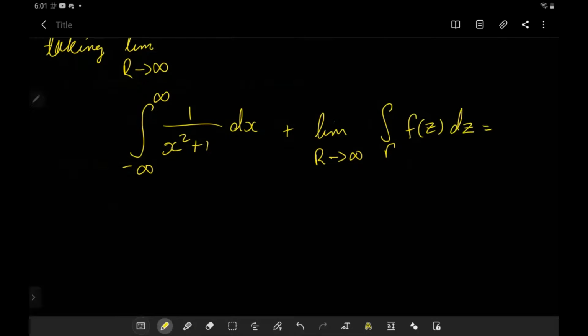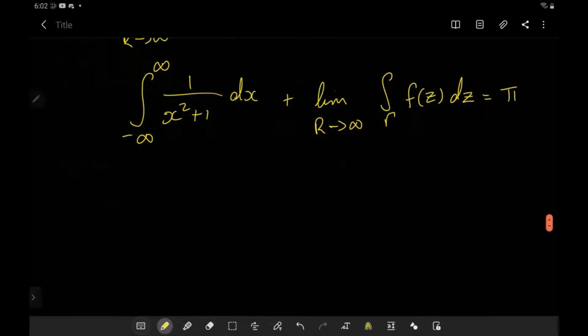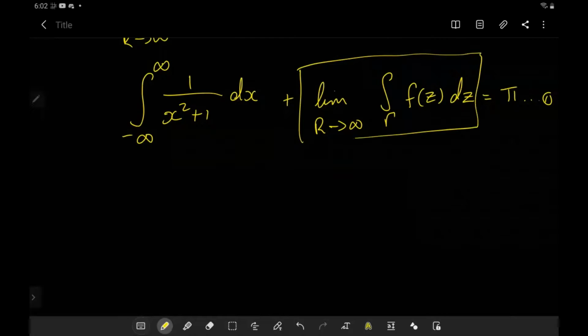And if we take the limit as r tends to infinity of pi, it is just a constant, so it will remain pi. So let's consider this part, and we'll only consider this part here for now.